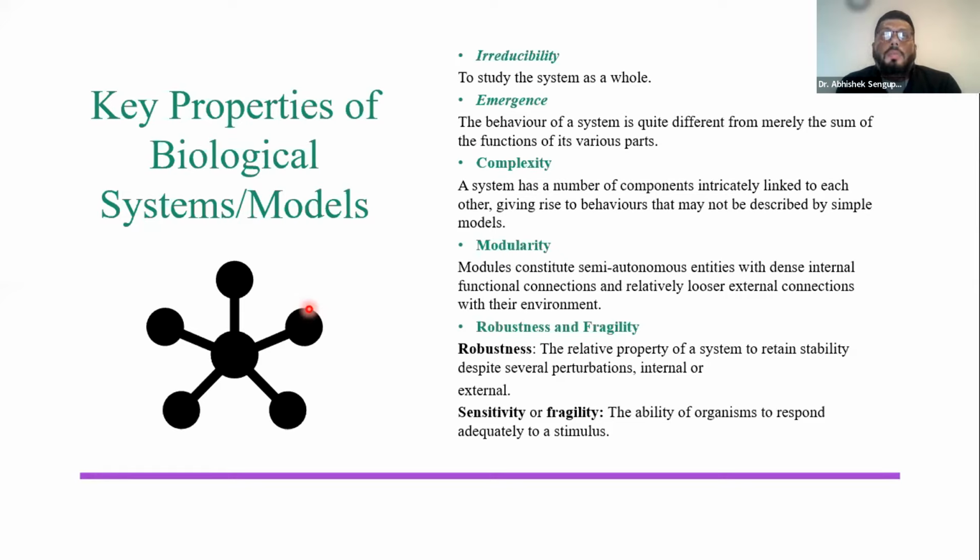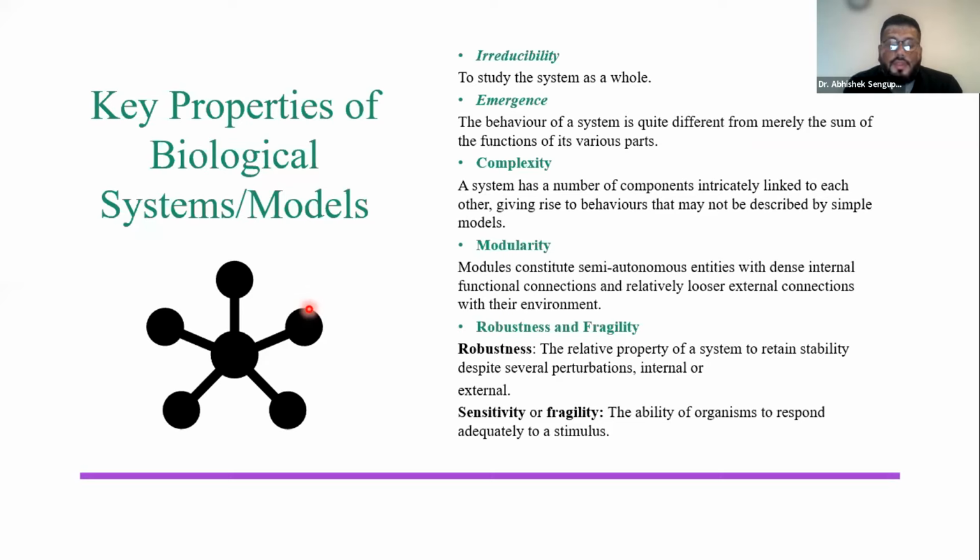Complex diseases like neurodegenerative diseases, autoimmune disorders. Anything can be considered as a system, but every system has certain properties, right? Which I wanted to show you here in this slide.